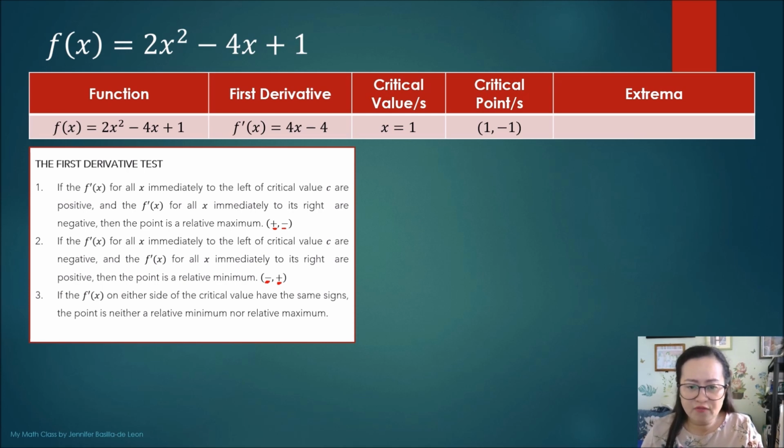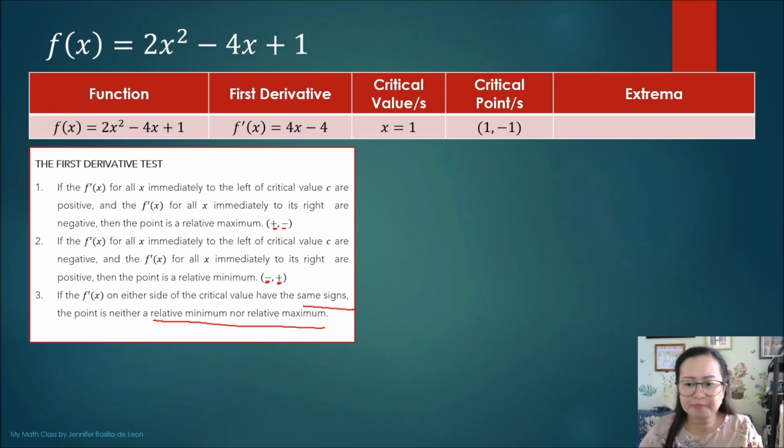However, if the results after substituting values into the first derivative have the same sign, then it's neither a relative minimum nor a relative maximum.